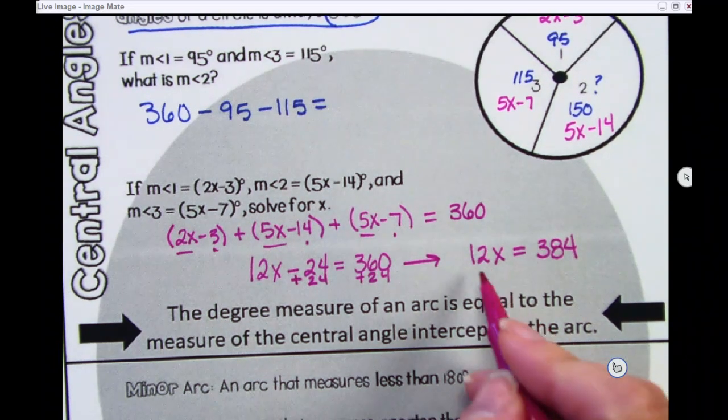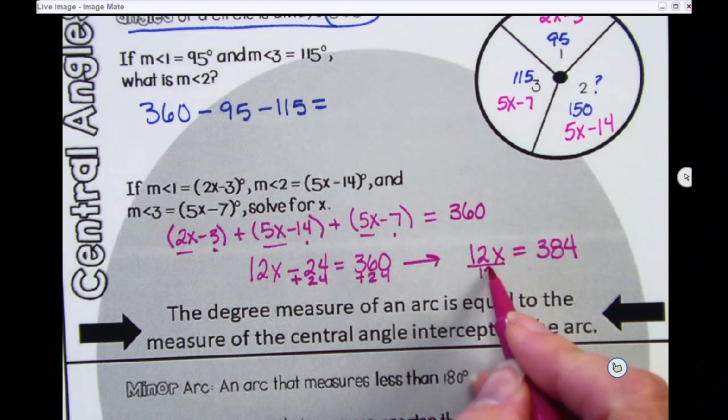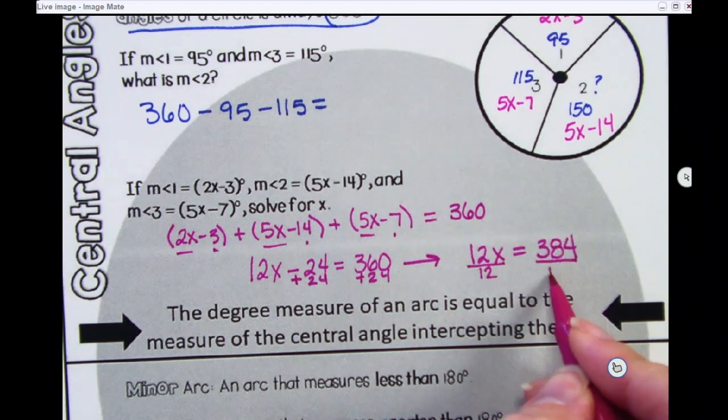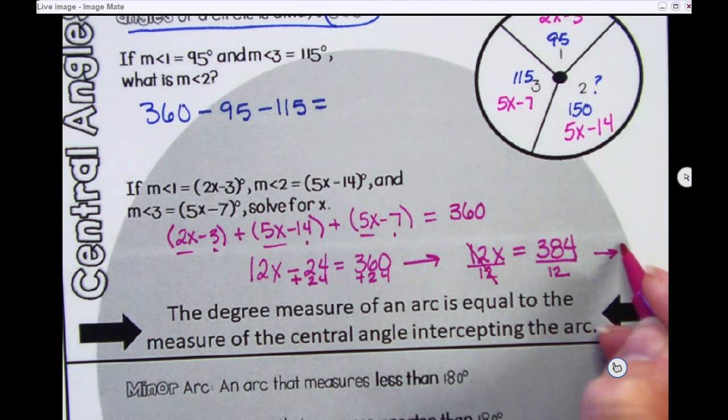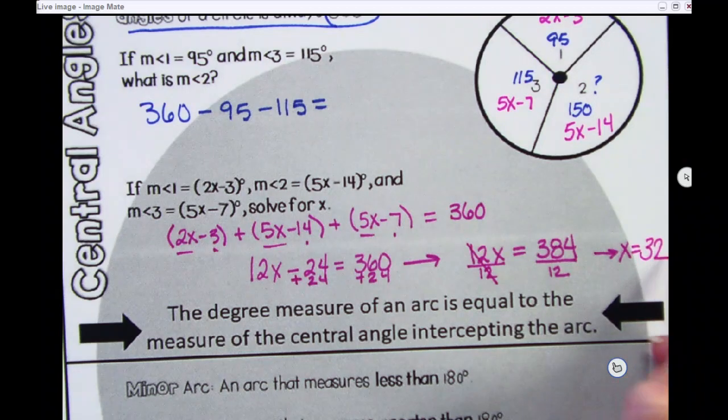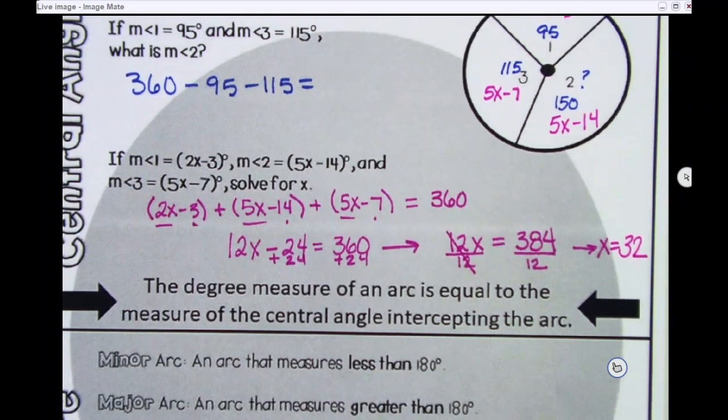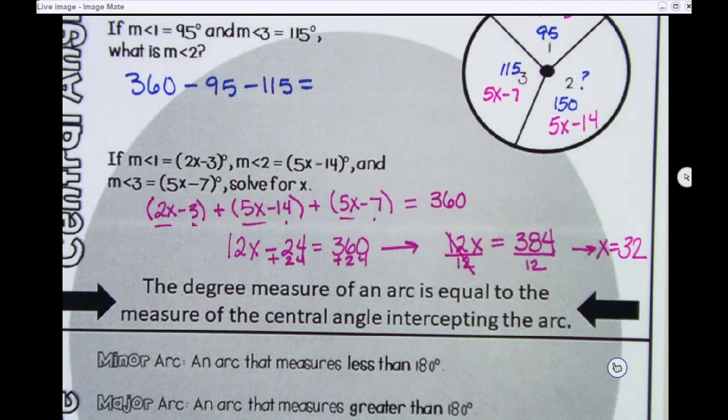So Mia, you already divided. Divide by 12. X is 32. How do you feel about that? Good. That is grand.